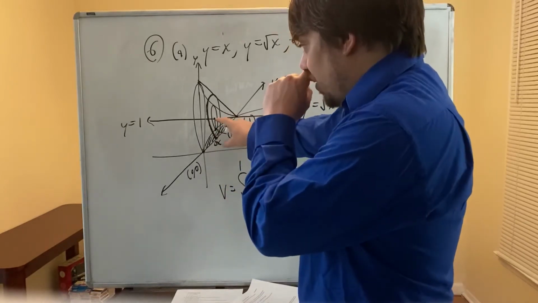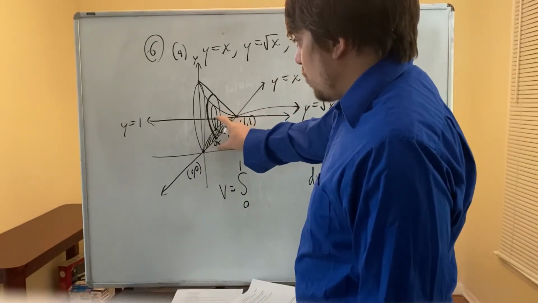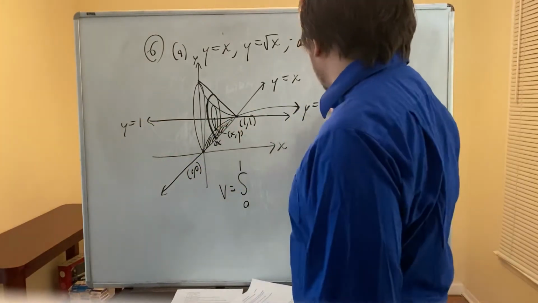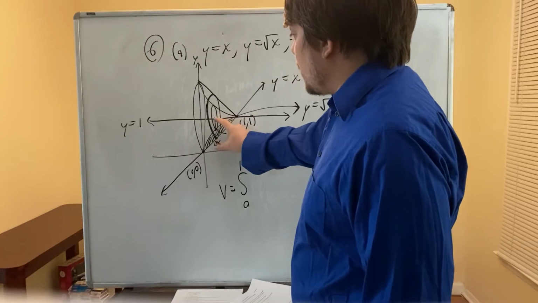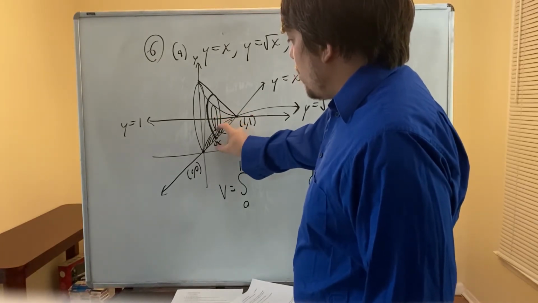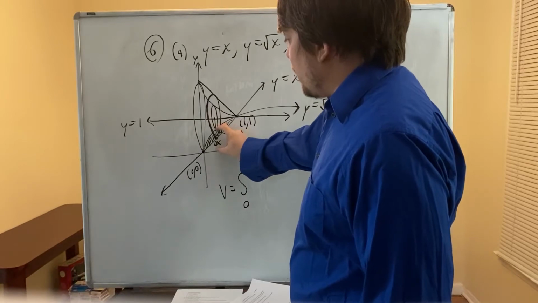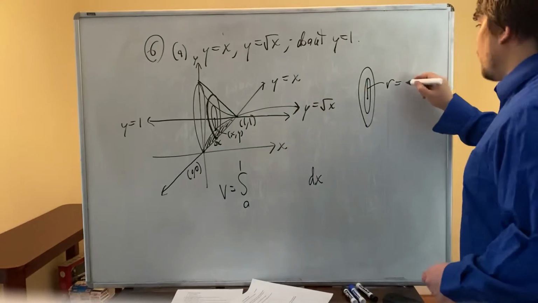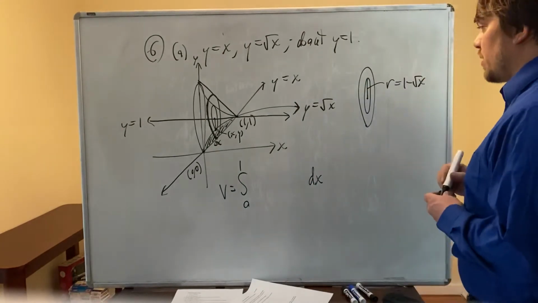The height of the center of the circle is 1 because it's on the line y equals 1. And so if the height of this point is the square root of x, and the center has height 1, then the radius is 1 minus the square root of x.